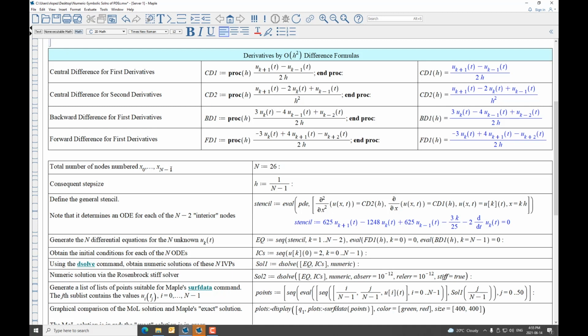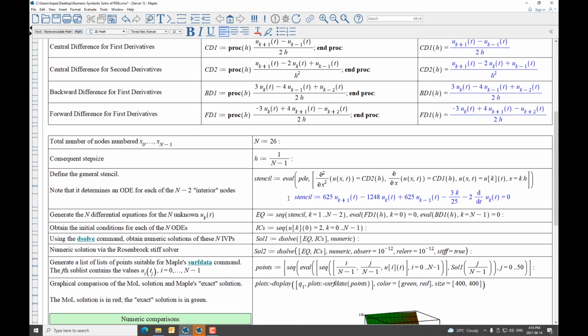So that gives you a total of 26 nodes, and that's what Dr. Dow consistently used. N was the number of nodes, 26, numbered 0 to 25. So you've got a step size of 1 over n minus 1. That gives you 1 over 25.